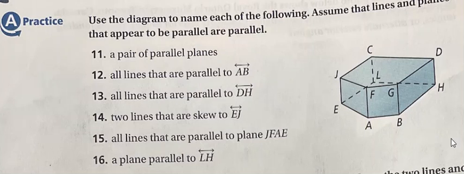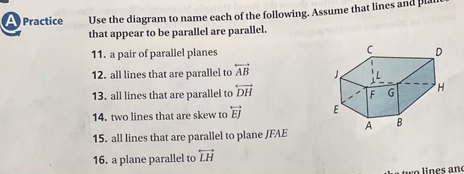And so when you're looking at parallels or coplanar lines that don't intersect and they give you DH, then they're asking for all of these, not just ones that are across. So I hope that helps.